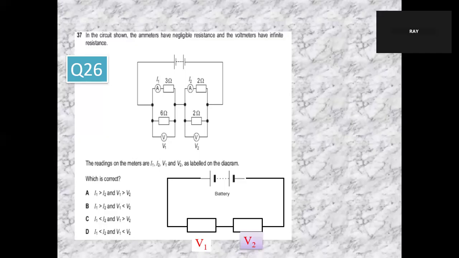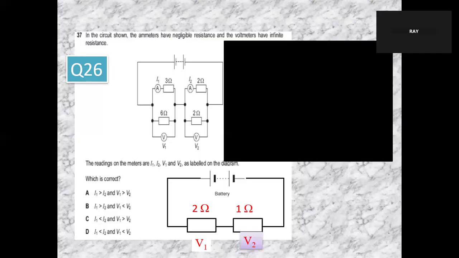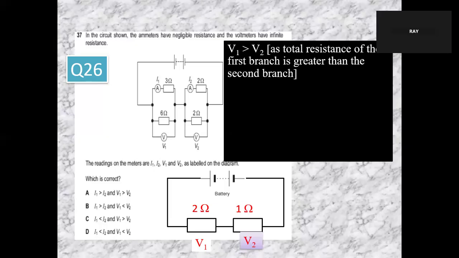B. V1 is greater than V2. Right? You take the total resistance of this one: 3 times 6 divided by 3 plus 6 is 2 ohm. So the total resistance of this one, divided by 2, is 1 ohm. So the potential V1 is greater than V2.